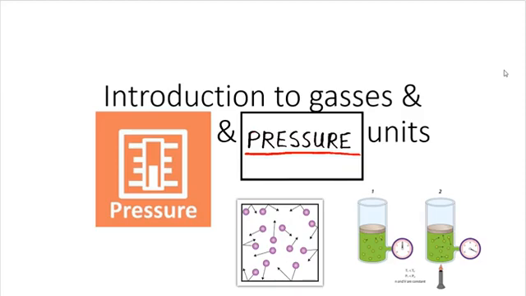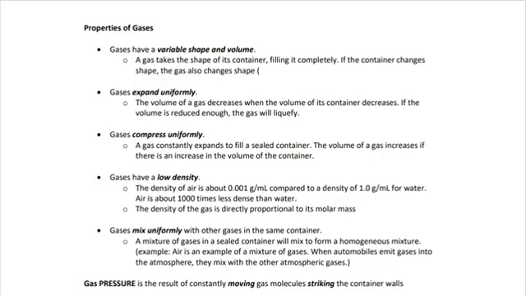So for this module, we're going to be talking about gases and pressure units. Maybe this is a review from when we were talking about solids, liquids, and gases, but gases have variable shape and volume.